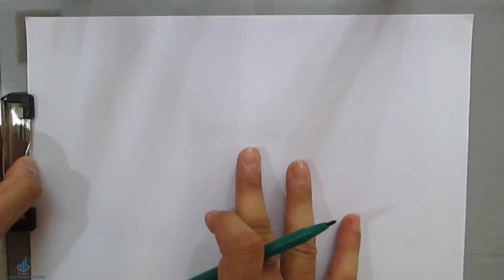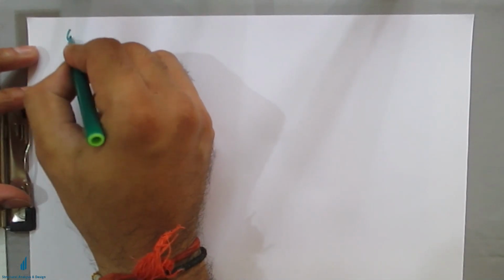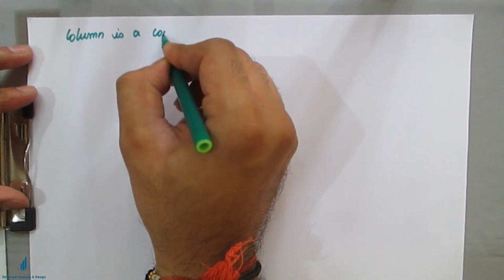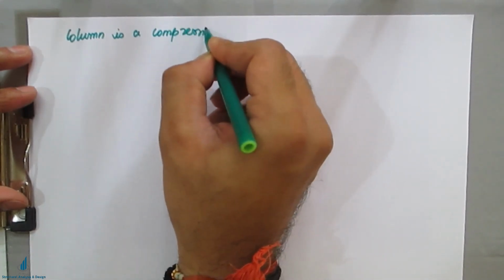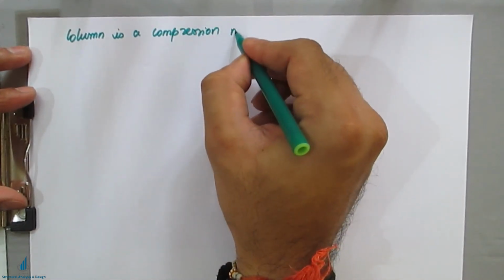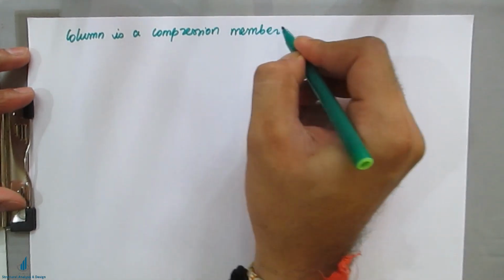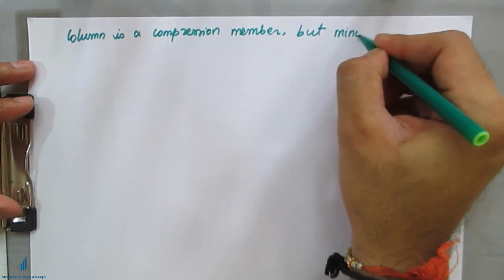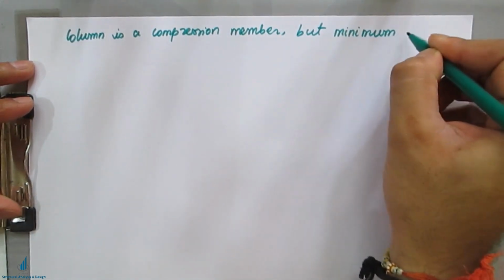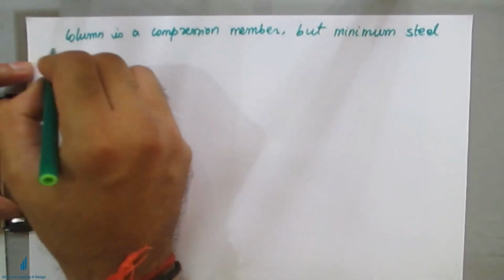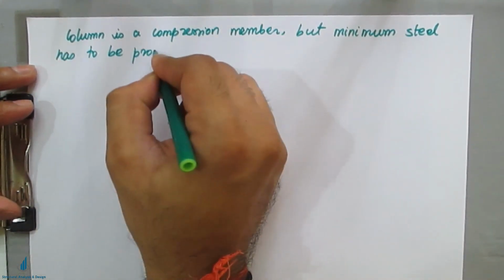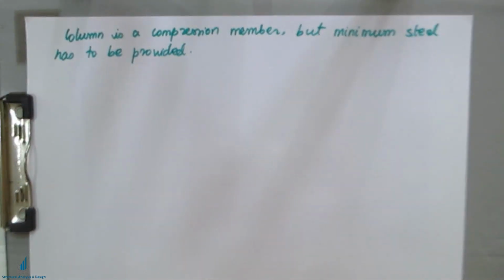So when you say column is a compression member, but minimum steel has to be provided.